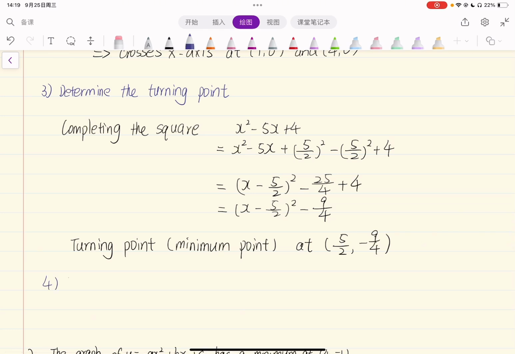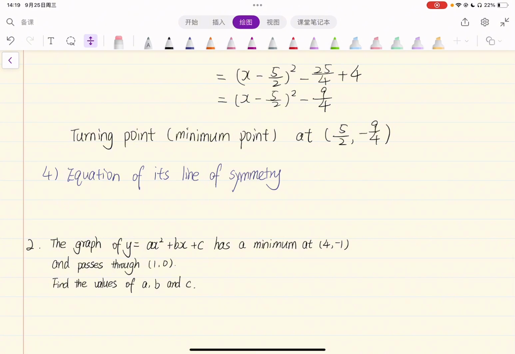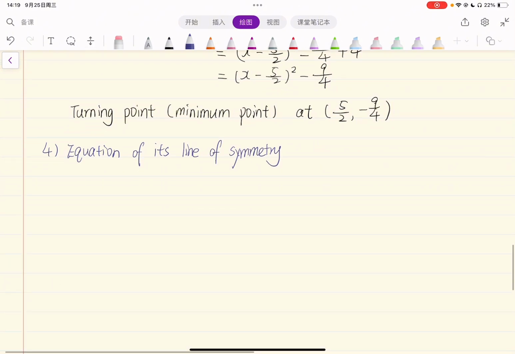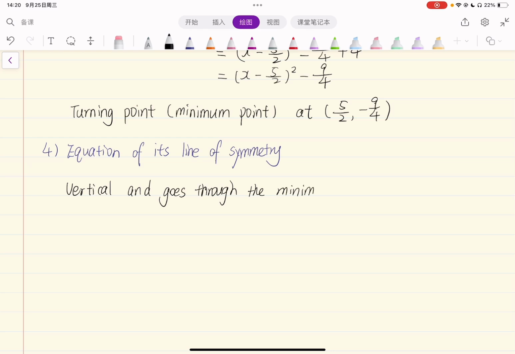Fourthly, we need to find the equation of its line of symmetry. The line of symmetry is vertical and goes through the minimum point, that is the turning point.